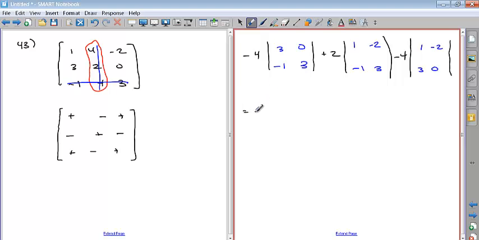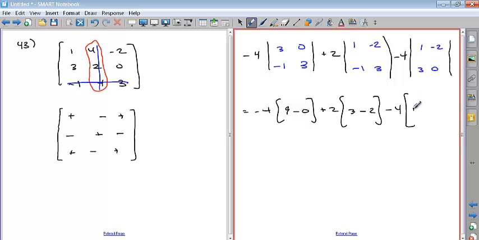So we have -4 times 3 times 3 is 9, that's 0, plus 2 times 1 times 3 is 3, and then we have 2 times negative 2 times negative 1 is positive 2, but we subtract that, and then we have minus 4 times 1.